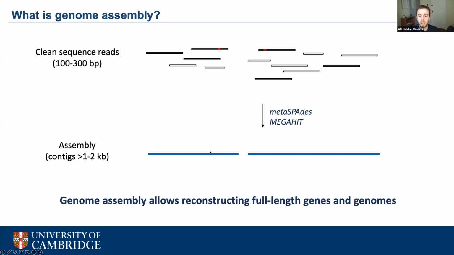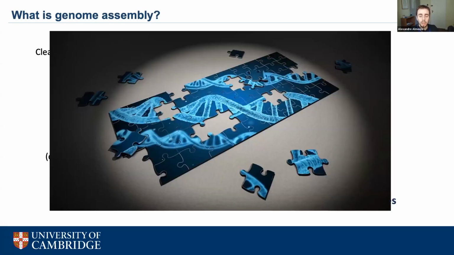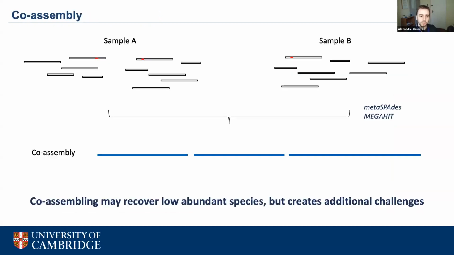This allows reconstructing full-length genes and potentially full-length genomes as well. The process is like making a DNA jigsaw puzzle, where we're trying to find overlaps between different sequences, how they interact with each other, how they align together, and then build this longer skeleton of the genomic data that is in your sample.